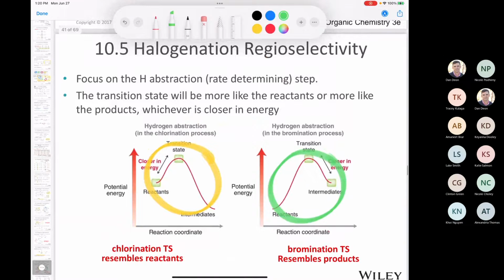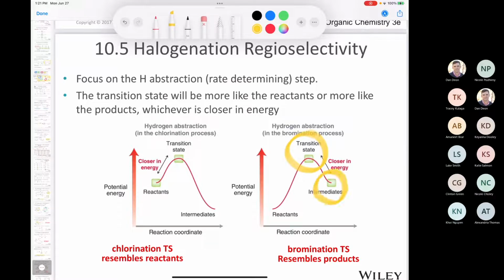Okay, well, let's go back. Where was I? Okay, so for the halogen abstraction with chlorine, so I'm going to have to delete this here. But anyhow, you see that the transition state is very close in energy, or is closer in energy to the reactants than the intermediates. Therefore, the transition state has very little radical character. So if it has very little radical character, it's not going to be affected by the stability of a radical. Whereas, according to the Hammond postulate over here, the transition state more closely resembles a radical.